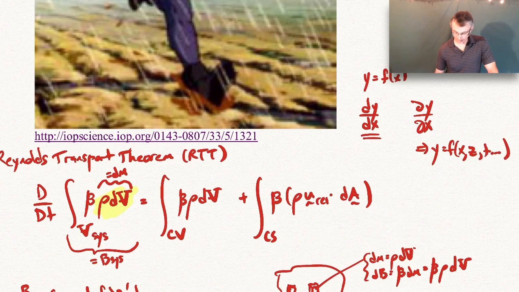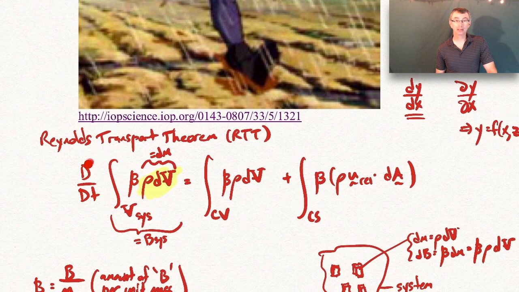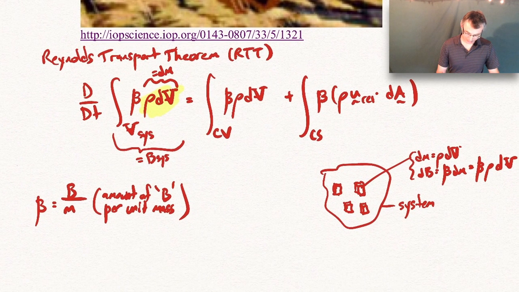It's a notational device that just lets us know that y is a function of more than one variable. The capital D dt here, again, is just a notational device to let us know that this is the time derivative as we follow a system. Okay? So we now know that the D dt of B in the system is the time rate of change of B in the entire system.